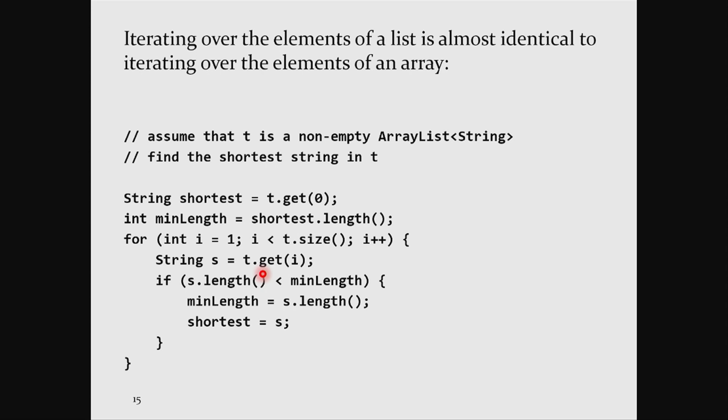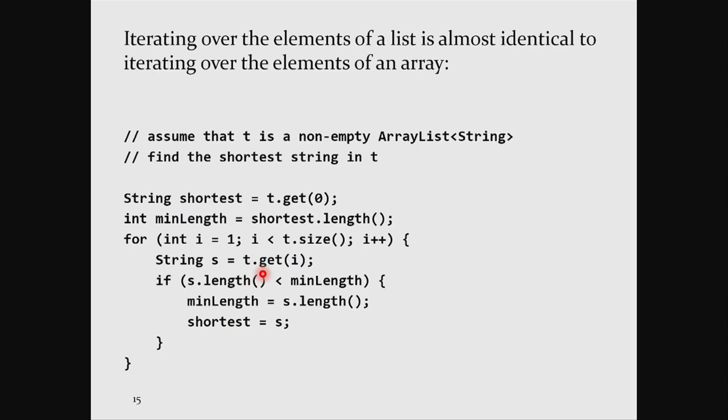So just like arrays, sometimes you have to use the old style loop. If you need that list index for some reason, you should use the old style loop. If you're looking at more than one element of the list at the same time, you should use the old style loop. If you're looking at two or more lists at the same time, you should use the old style loop. The newer for each loop won't work.